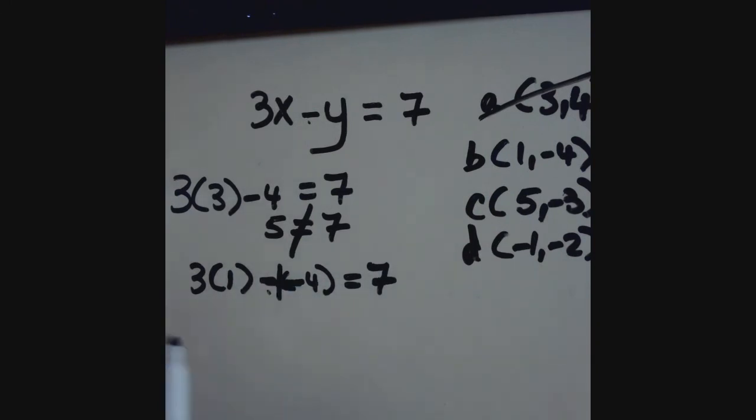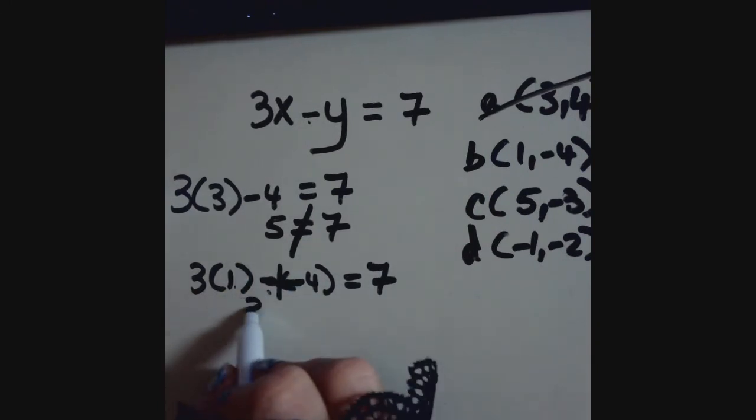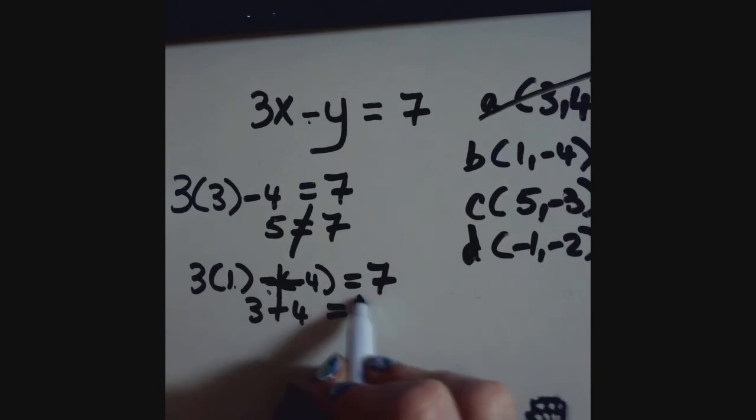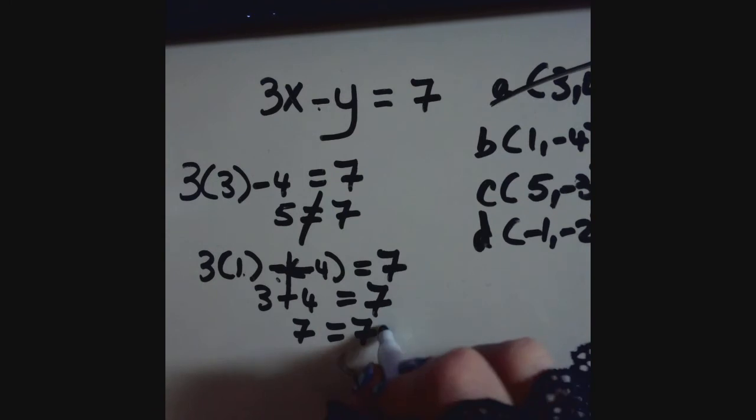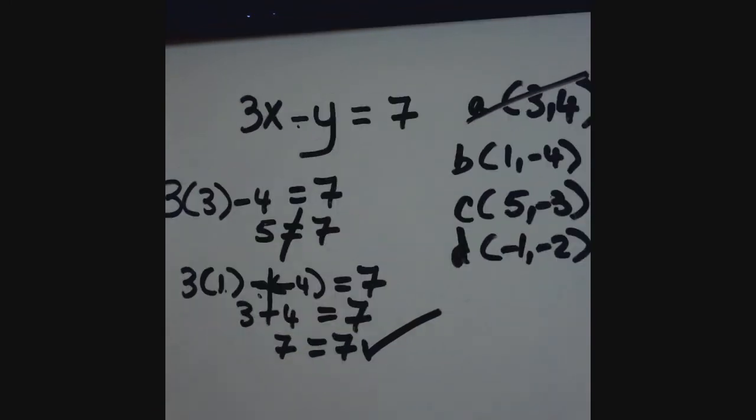So 3 times 1 is 3. 3 plus 4 is 7. 7 equals 7. It works. So that means B is the correct answer. So (1, -4) is the correct solution to that question.